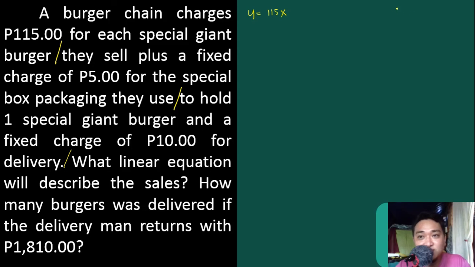Wherein x here pertains to the number of burger or the number of special giant burger. And y here will pertain to the cost of the merchandise or cost of the food item. So y will be a cost.